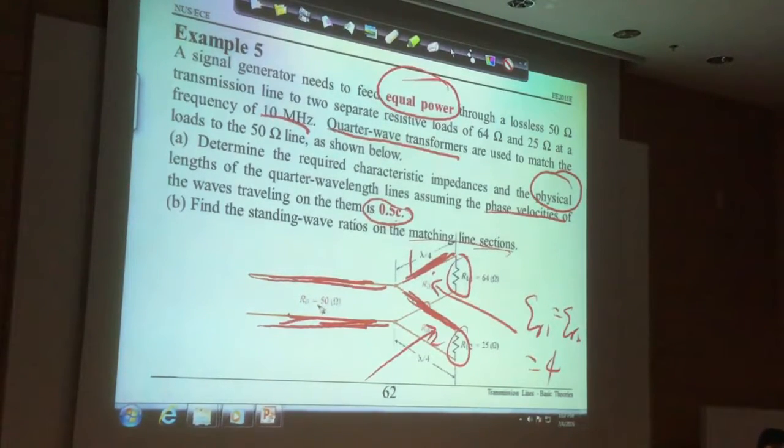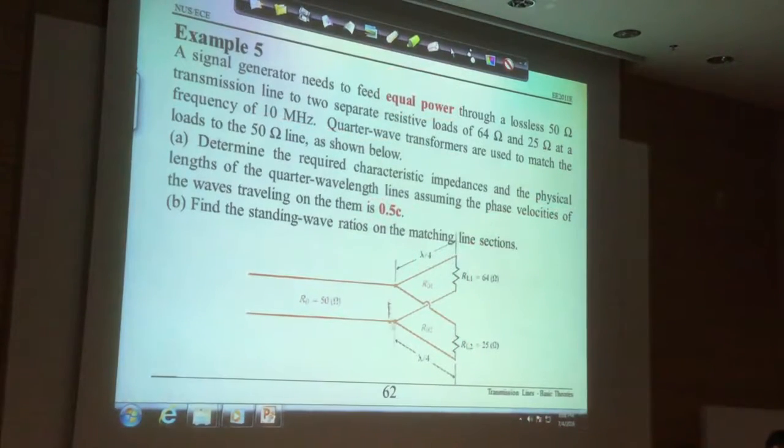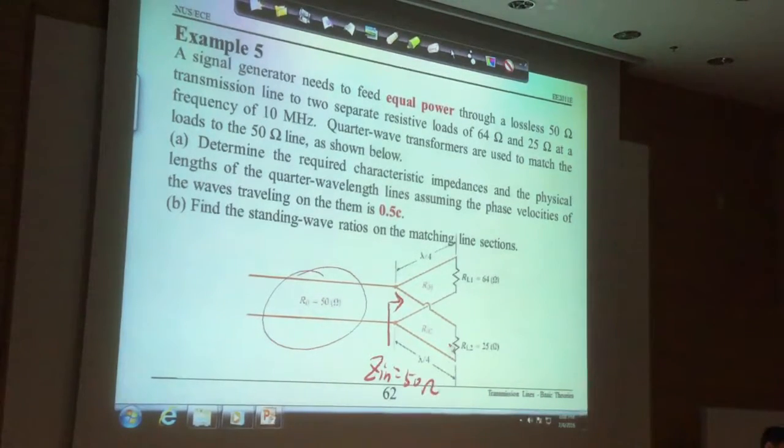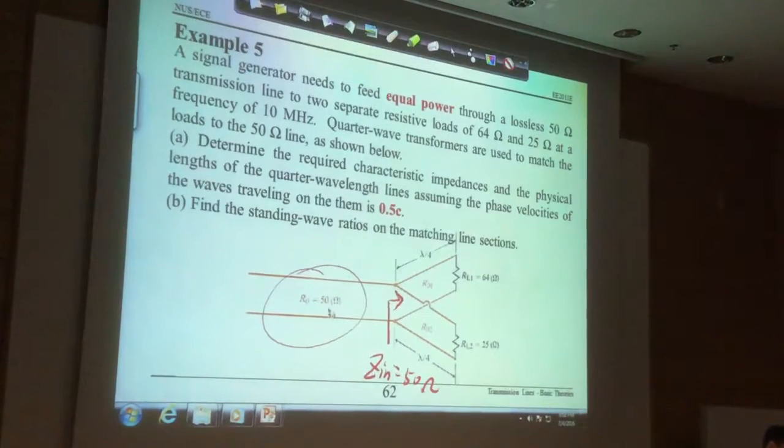To match to this main transmission line, what is the input impedance looking to the right hand side? It should be equal to the characteristic impedance of the transmission line, right? So the input impedance should be equal to 50 ohm.